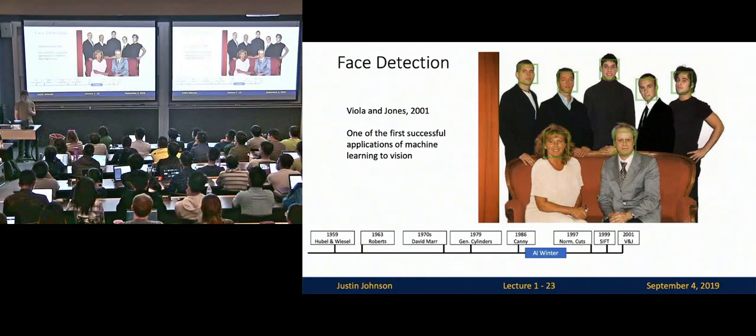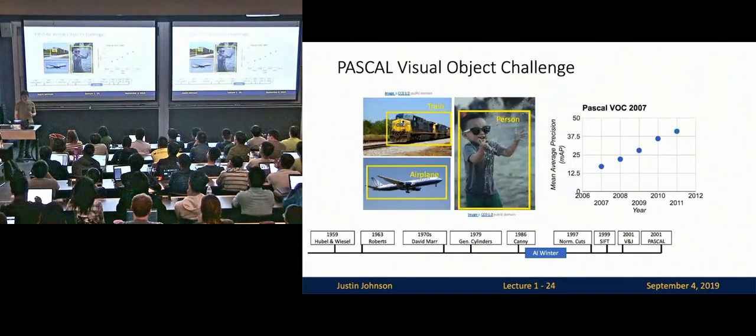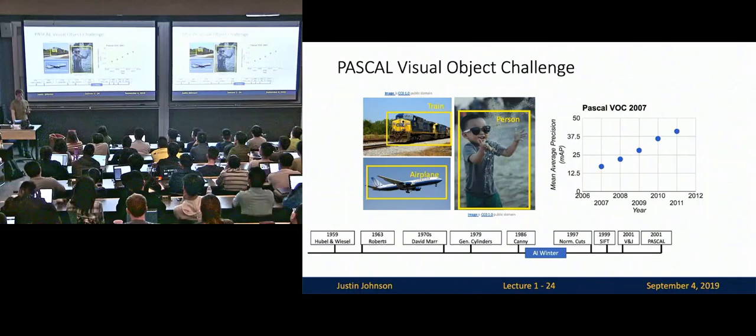So after they unlocked the box of using data and using machine learning to augment our visual representations, moving on into the 2000s, we began to see more and more uses of machine learning and data in order to improve our visual recognition systems. One hugely influential piece of work here was the Pascal Visual Object Challenge. Because now it's the 2000s, Larry Roberts had exited computer vision and invented the internet.